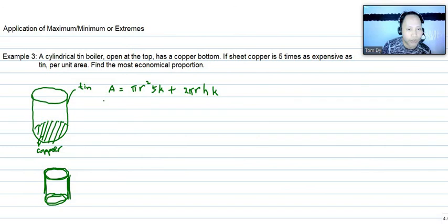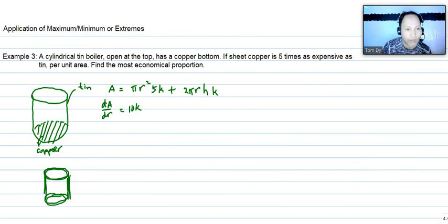So this time we will find the derivative of the area with respect to r. So dA over dr, for this case, is 2r dr over dr. So 2 times 5, that is 10k. This is the cost.